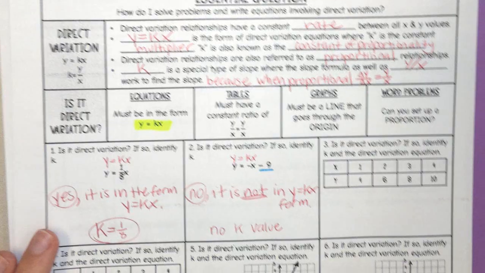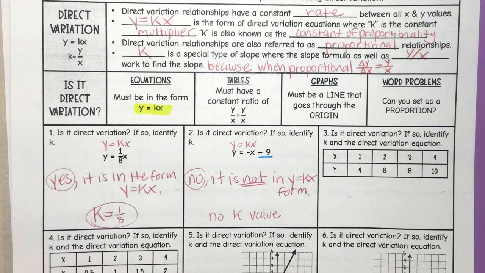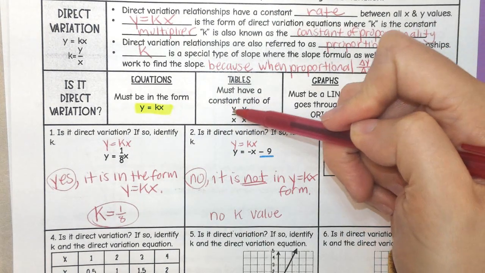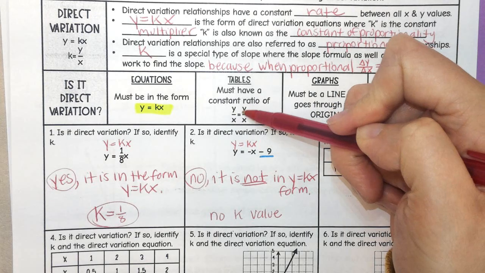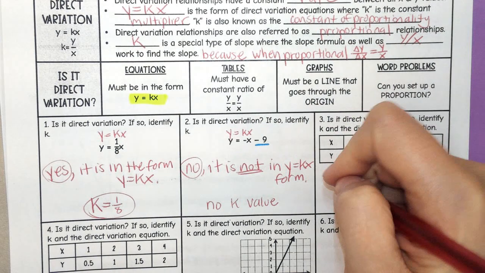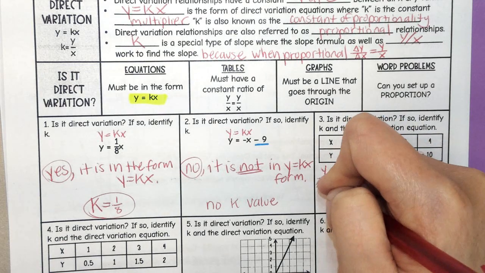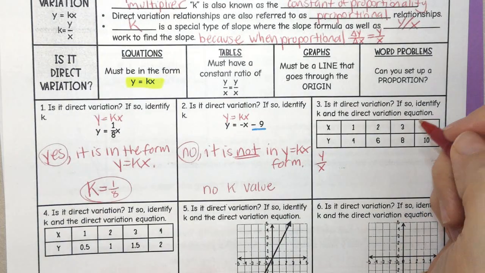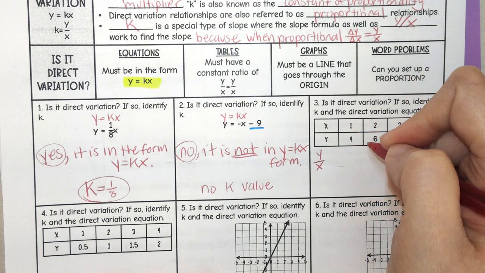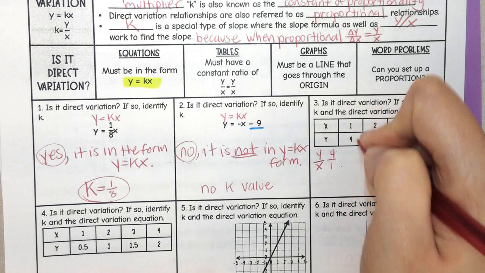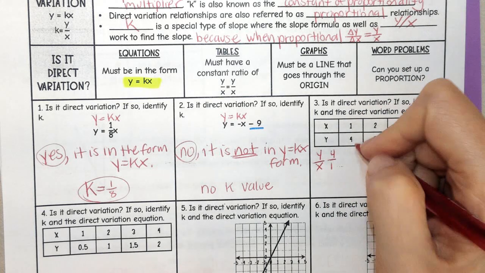Now we're talking about tables. You guys were really, really good at tables before. Remember, for tables, it's just that every time I do y over x, y over x, y over x, they have to be equal to each other. So let's write y over x. What is my first y over x with the numbers? Good. Make sure you do it in the right order. 4/1, not the other way. Next one.